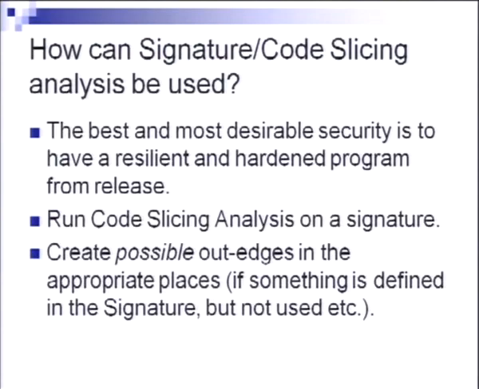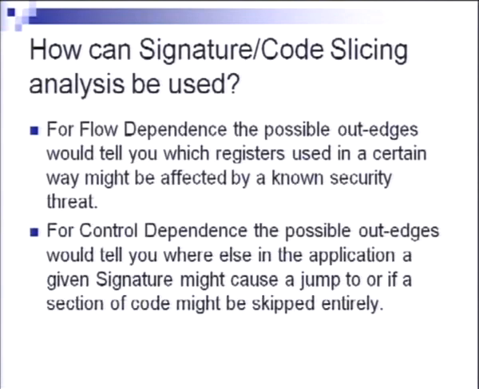Create possible out edges in the appropriate places, like if something is defined. For flow dependence, possible out edges could tell you which registers used in a certain way might be affected by a known security threat. Control dependence, the same thing, might be skipping licensing code or something like that.